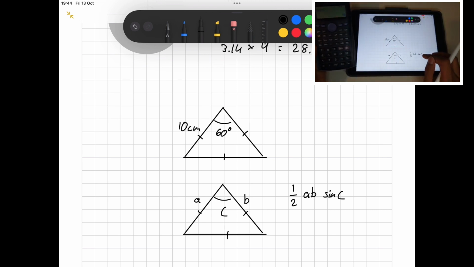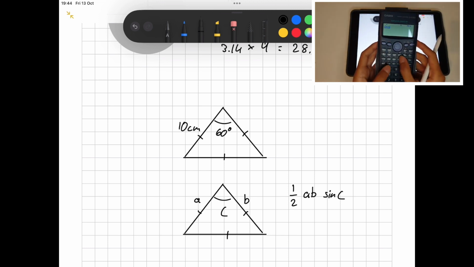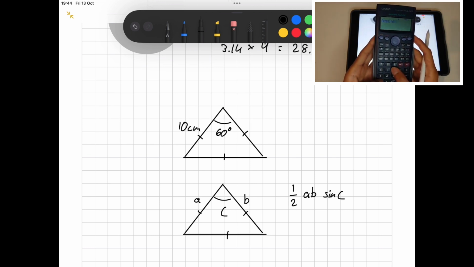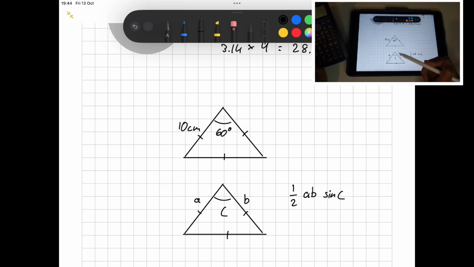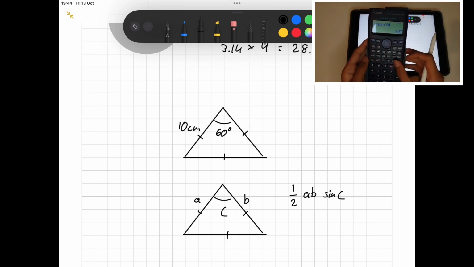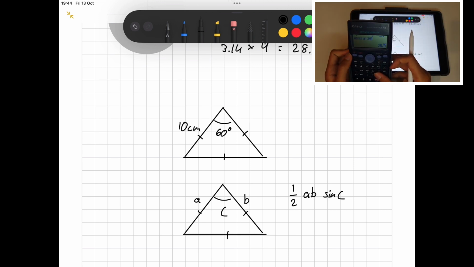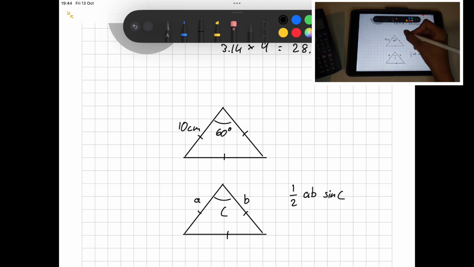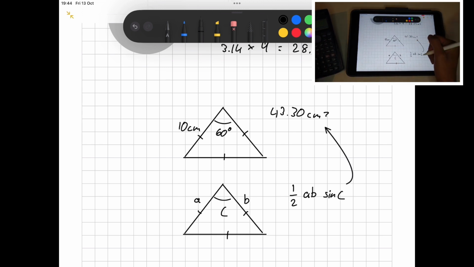Now we have to do answer times sine, which is right here, and then 60, because 60 is the angle, which is in this scenario C, and that will give us 43.3. And I calculated that using this.